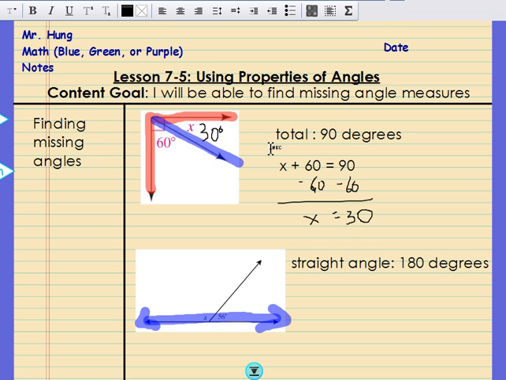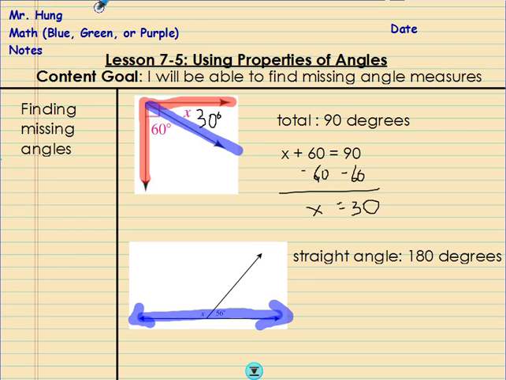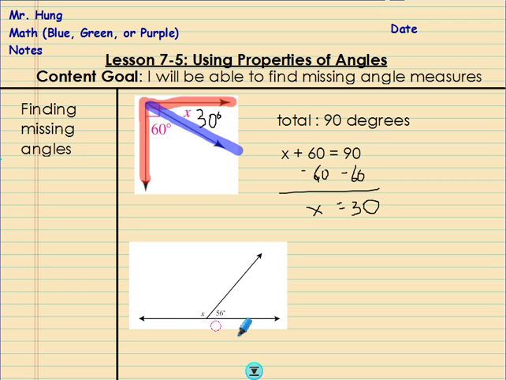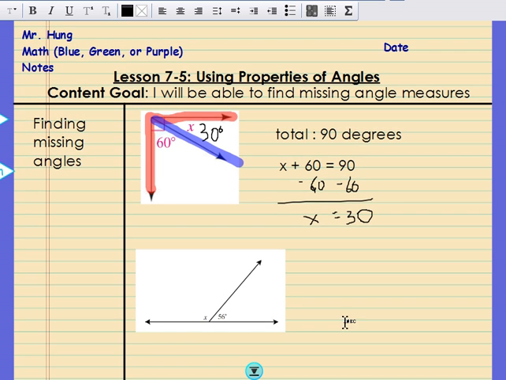Now the straight angle is broken up into two smaller angles, and you can see that with this line over here. So 180 degrees split up. Let me remove those highlights. 180 is split up into two angles, one of which is 56, the other which is x. So these two have to add up to the straight angle, which is 180.